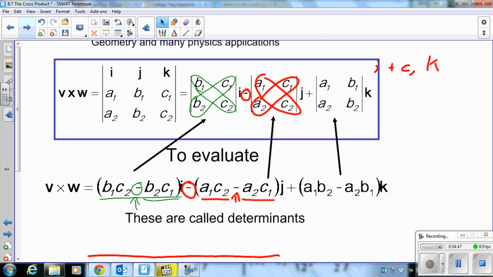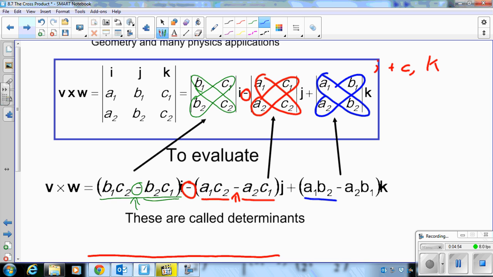And again, for k, you're going to do a1 times b2 minus a2 times b1. And that will be your cross product of v times w. Now remember that these are called determinants, so make sure you have this in your notes.